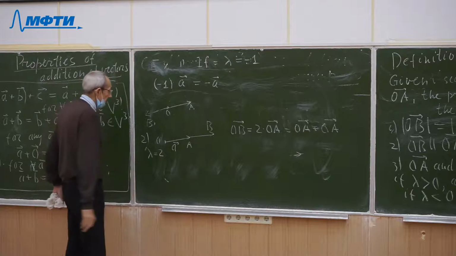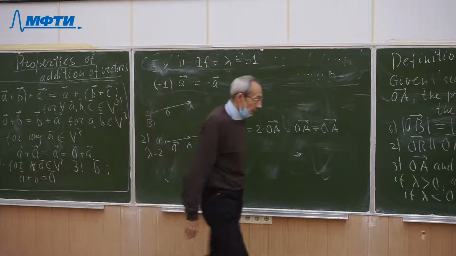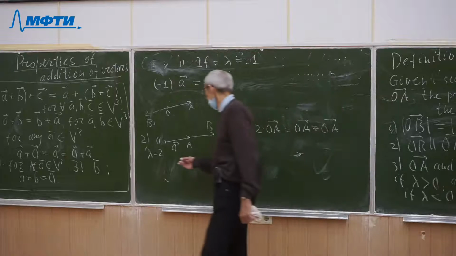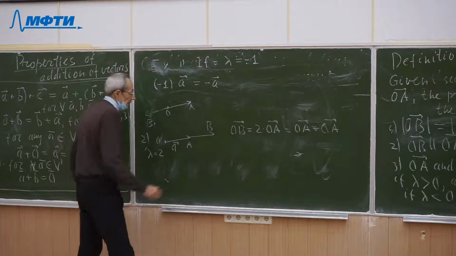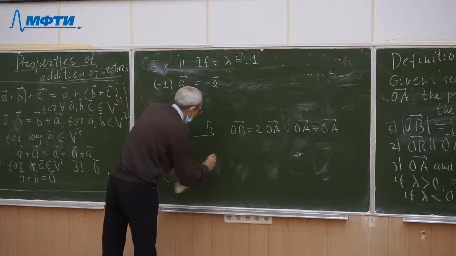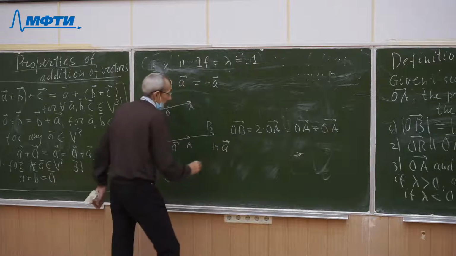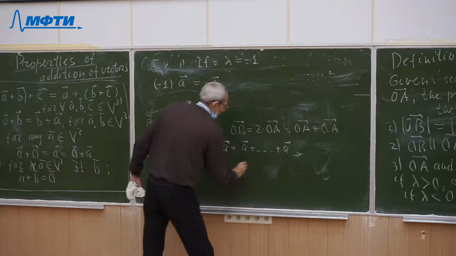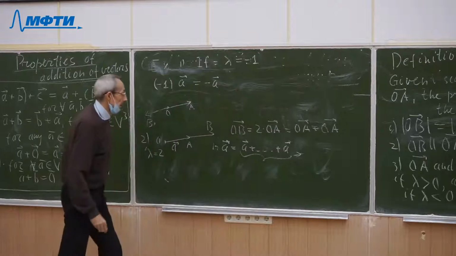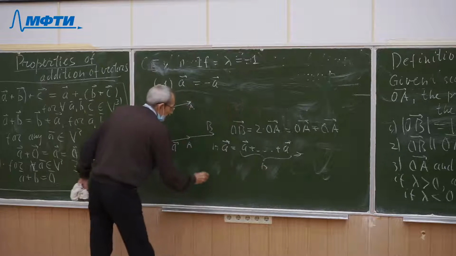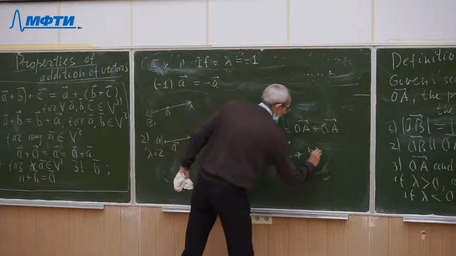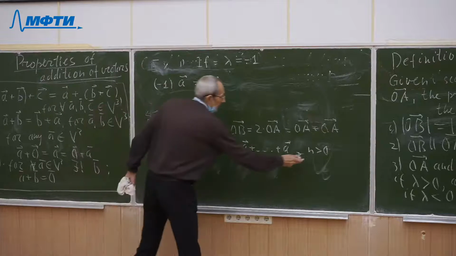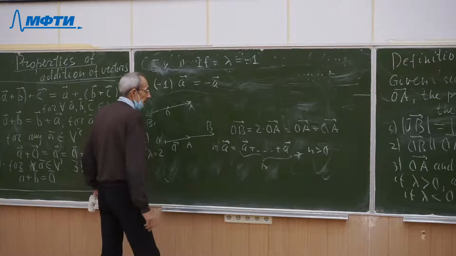And if lambda is an integer n, the product of such lambda and vector A is equal to the sum of n vectors A, if n is a natural number greater than 0.